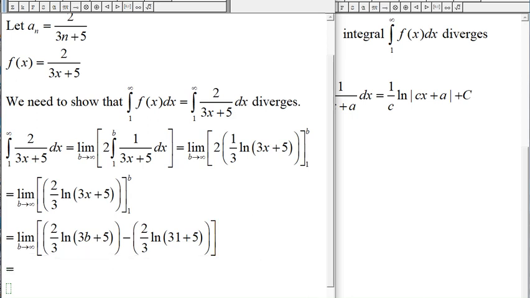As b approaches infinity, 3b plus 5 will approach infinity, and then the natural log of something that approaches infinity is also infinity. So 2/3 times infinity would just be infinity, and then minus this.